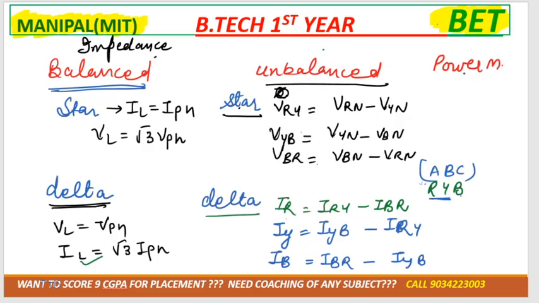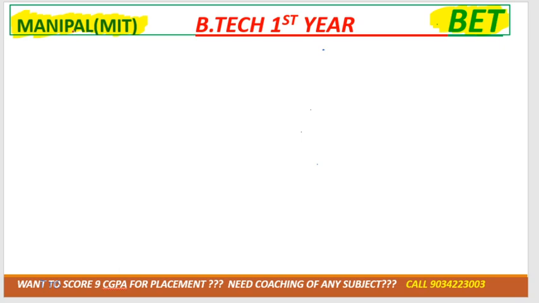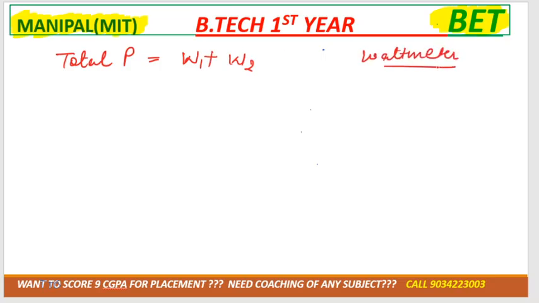Now we'll have the power measurement. Basically, we'll use these formulas. We may need to calculate the total power measured by the wattmeter method. As you know, a wattmeter is a device used to measure power, correct? We'll use 2 wattmeters for the measurement of power.